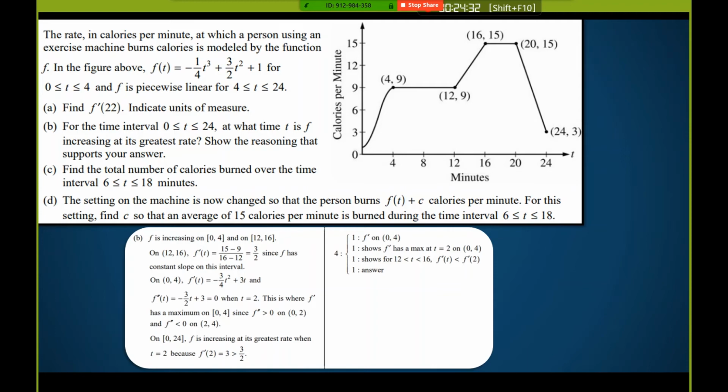So that's 1 point for checking the derivative here. 1 point for maximizing and finding t equals 2. 1 point for testing the slope on 12 to 16, so that's our average slope, against our slope at 2. And then 1 point for our answer, where we're increasing as large as possible at 2.